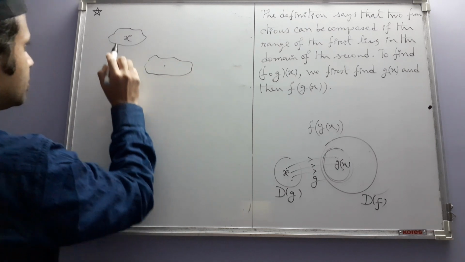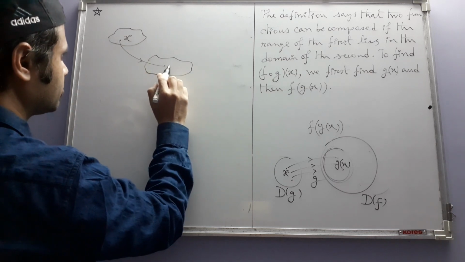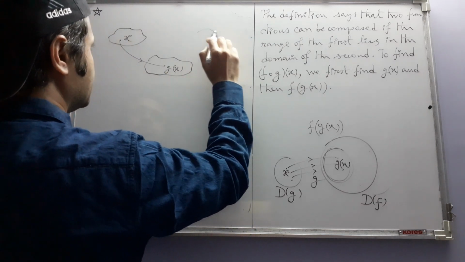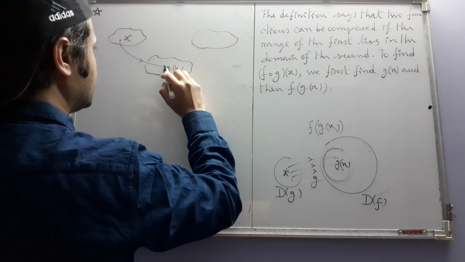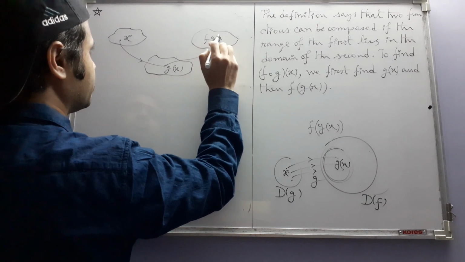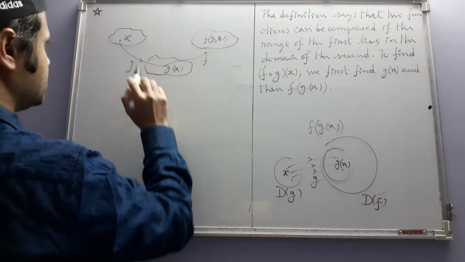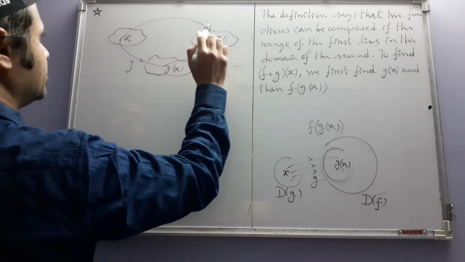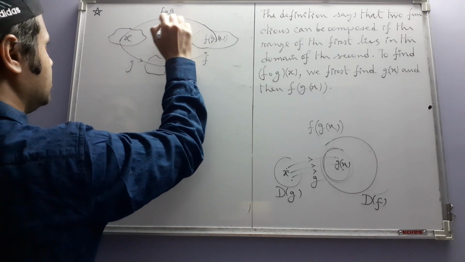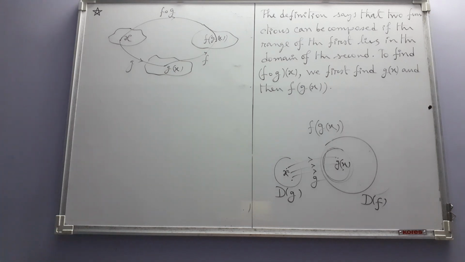And x gets mapped onto G of x by G, and then G of x gets mapped onto F of G of x by F. So this is F, this is G. When this happens, then according to the definition of our new function F circle G, that maps x onto this element. Okay, so that is composition of F and G.